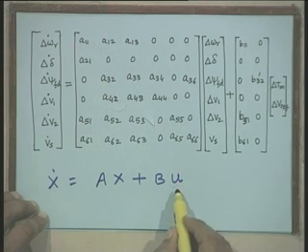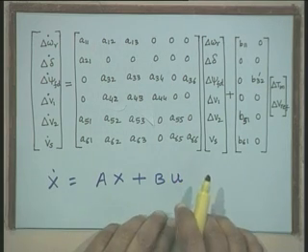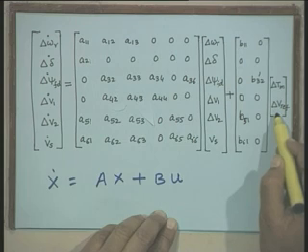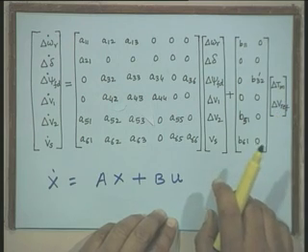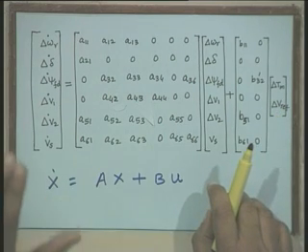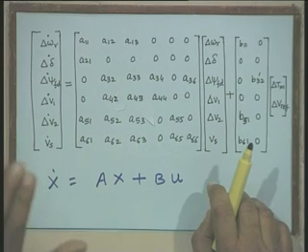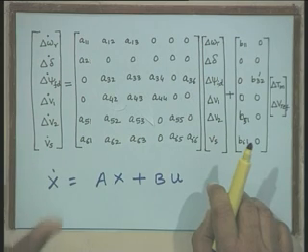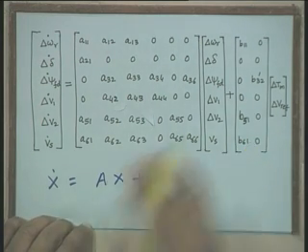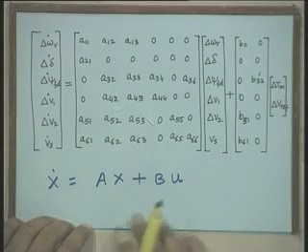Now, u is delta Tm and delta V reference. The inputs are now the incremental change in mechanical torque delta Tm, and the change in reference voltage delta V reference, and delta Efd has been eliminated from the model.